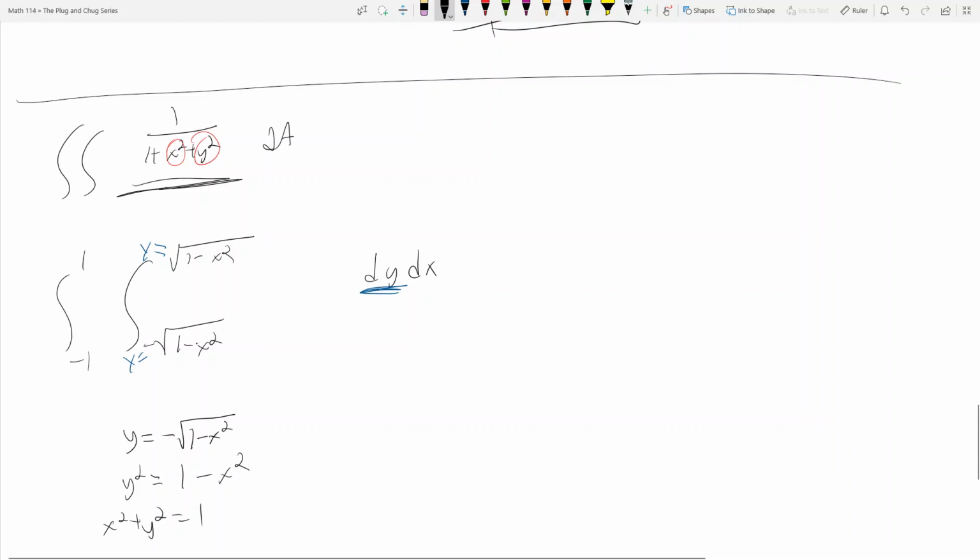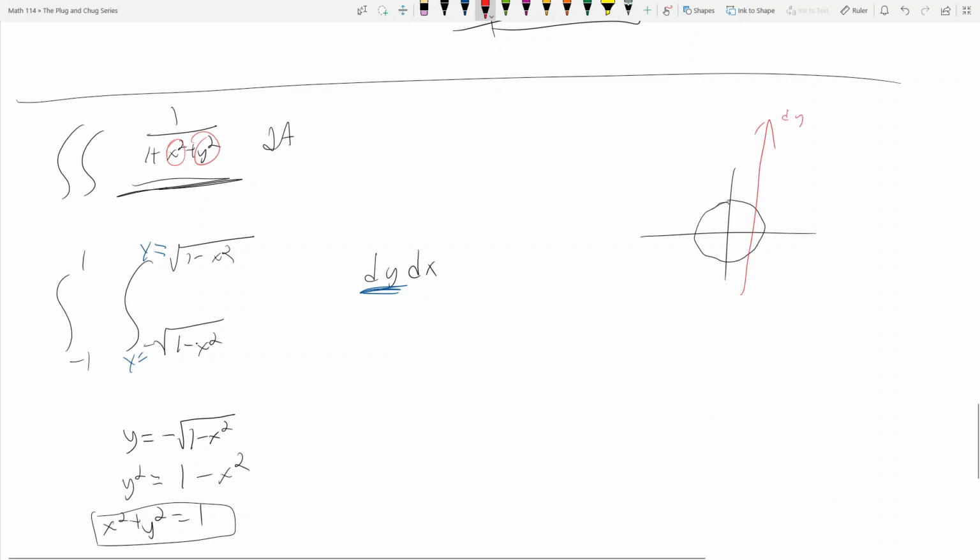So yeah, we know what this looks like, right? That looks like a circle with radius 1. Oh boy, that was bad. That's a circle with radius 1, right? And then y goes from negative this guy. So the negative part, so dy, right?